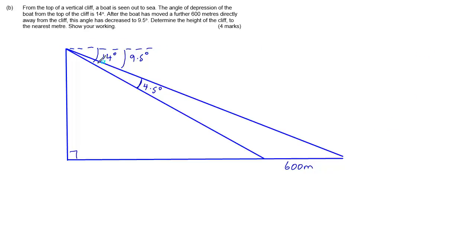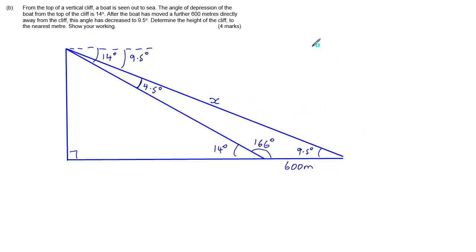Now, just using alternate angles, this angle here must be 14 degrees, meaning this angle here is 166 degrees. And that's going to enable us to work out this length here. So I'll call that x. It's worth noting, of course, that this angle here is 9.5 degrees, using alternate angles in the other triangle.